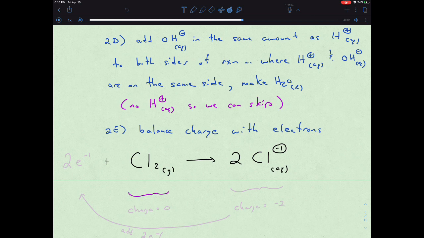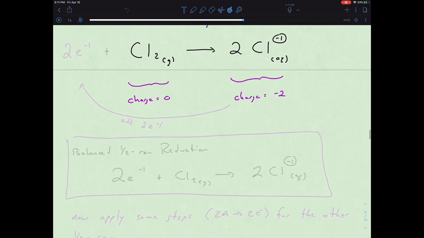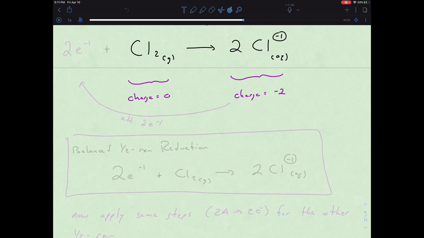we have a charge equal to 0 for our starting material side, and we have a charge equal to -2 on our product side. So that means we need to basically add 2 electrons so that this is balanced. So we need to add 2 electrons.